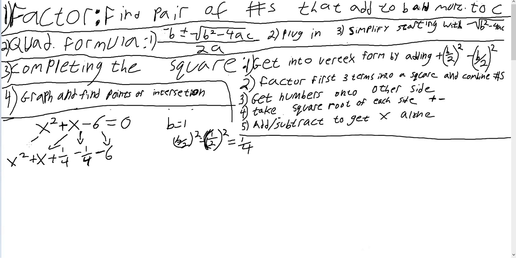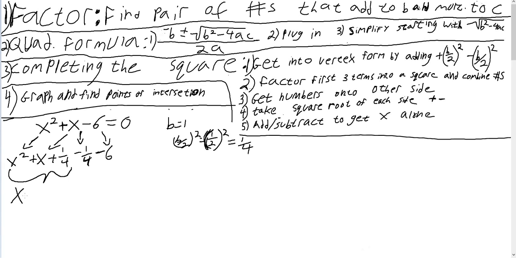And we're allowed to do this because we're not changing the value, since plus 1 over 4 and minus 1 over 4 technically cancel each other out, but this allows us to complete the square. What's this going to equal?